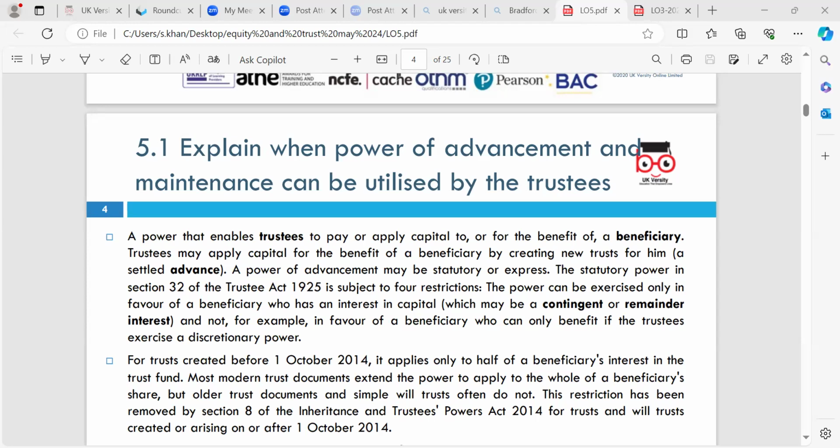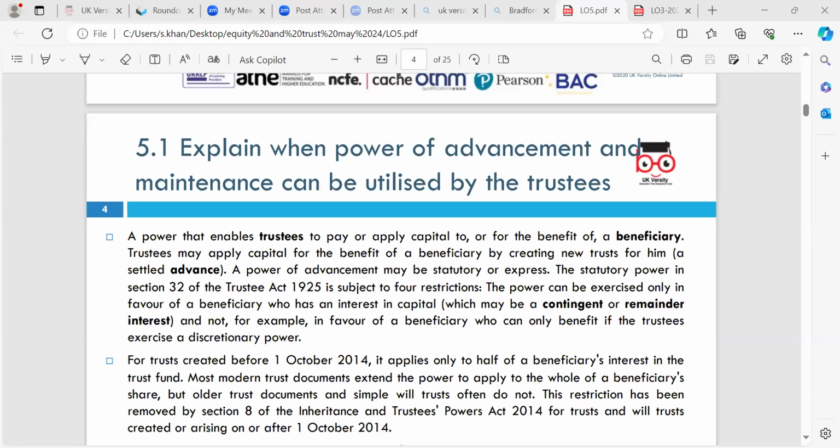So the statutory power of advancement is, as we mentioned, provided in section 32 of the Trustee Act 1925, giving trustees powers to apply capital to or for the benefit of a beneficiary. Section 32 applies to all trustees unless a clause in the trust deed expressly excludes it. So there must be something in the deed that excludes this.